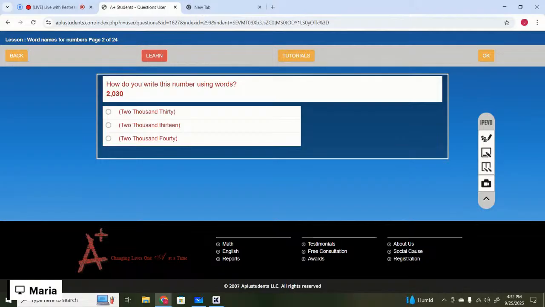How to write this number using words, 2030? That's how basically we read the number, right?